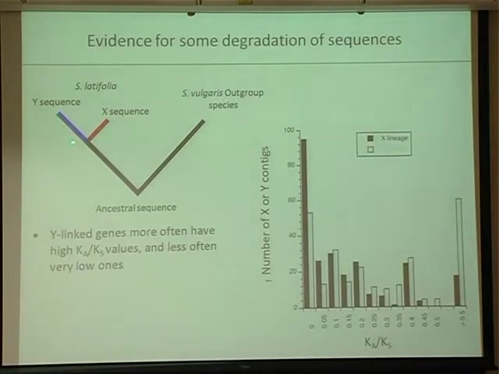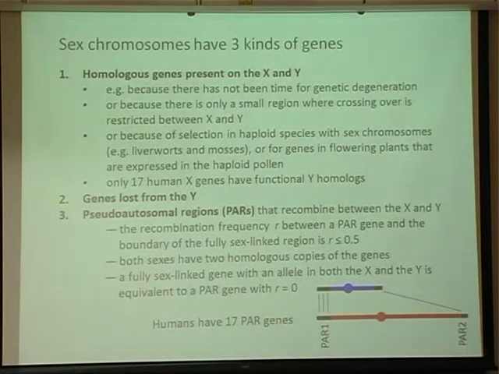So we do have evidence of what I call degradation of sequences. The Y-linked copies of genes which are on the X and the Y are strange. They're odd man out relative to the outgroup and the X. Now, I've talked a little bit about homologous genes on the X and Y. I've mentioned genes lost from the Y, and I've mentioned the pseudo-autosomal region genes.